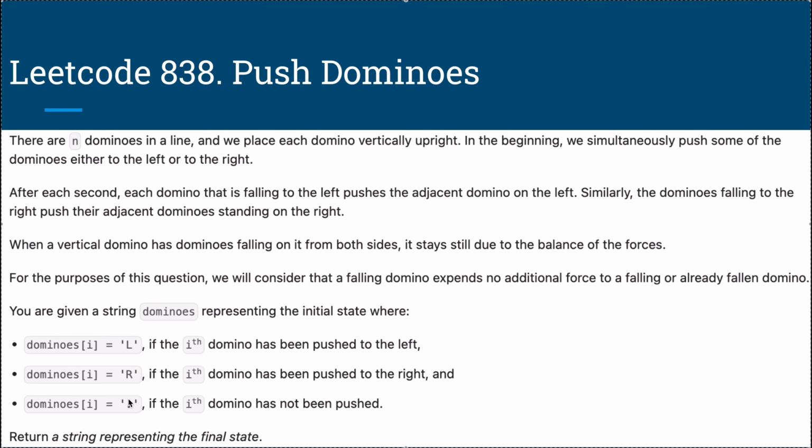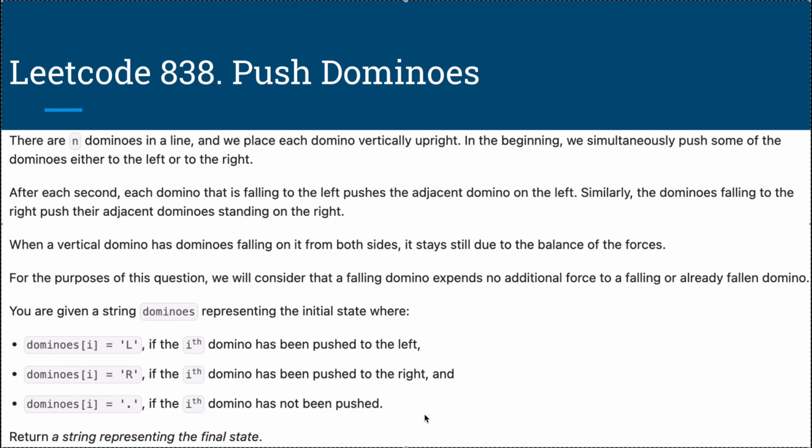So what's the plan, right? We have to return a string representing the final state. So the plan is we simulate rightward forces left to right, and we simulate leftward forces right to left.